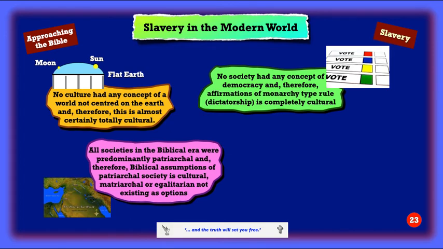In the biblical days, societies were almost entirely patriarchal. Women were second-class citizens. We may despair at that, we may reject that, but it happens to be the historical fact. And the Bible assumes that. It has no option of matriarchal societies or egalitarian societies. That's why the instructions of the Bible are so radical.